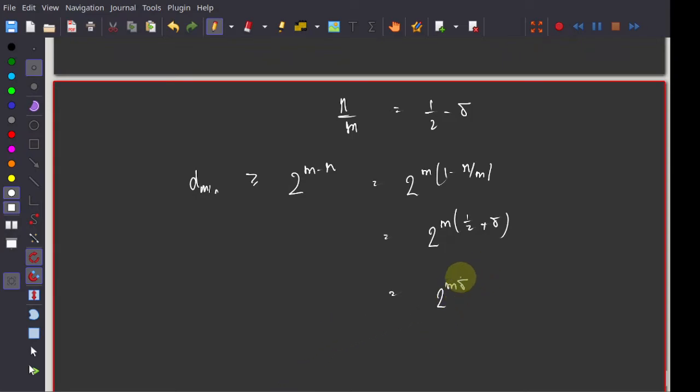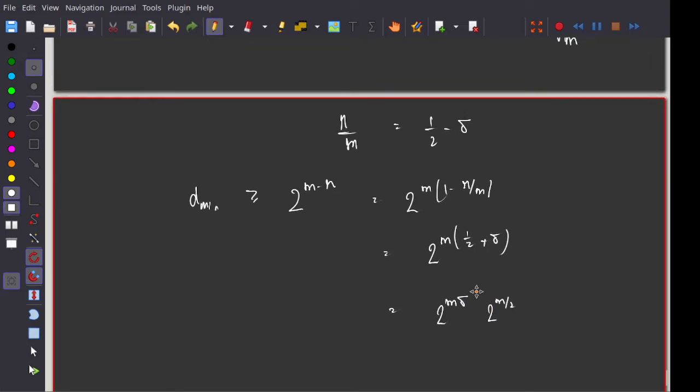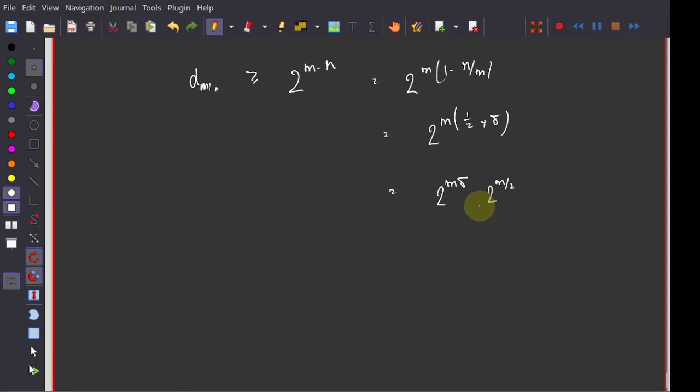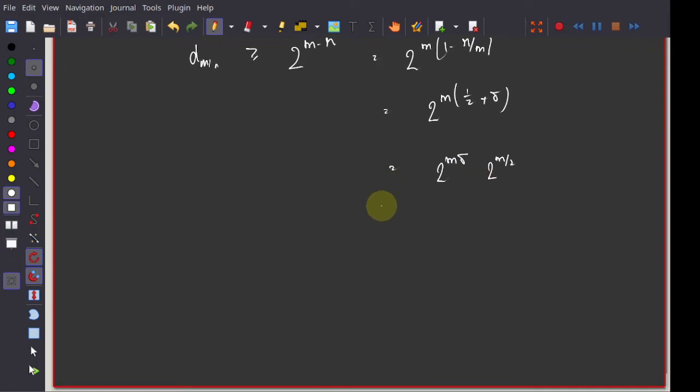Remember that delta is something very close to 0, times 2 raised to m by 2. So this is very close to 2 raised to m by 2, or square root of 2 to the power m, which is root n.